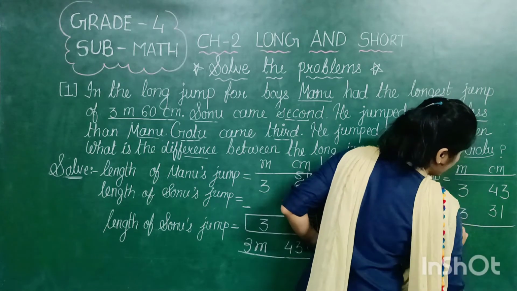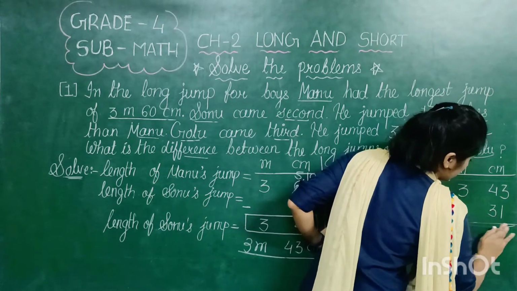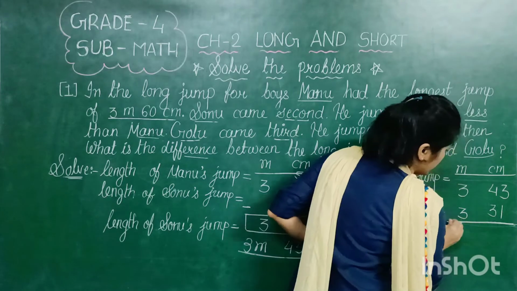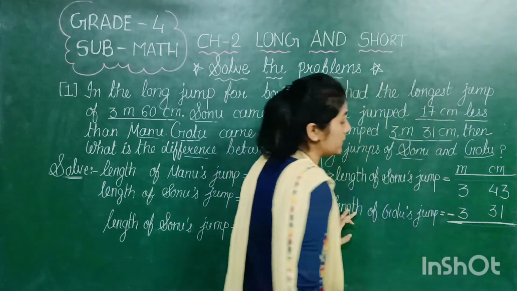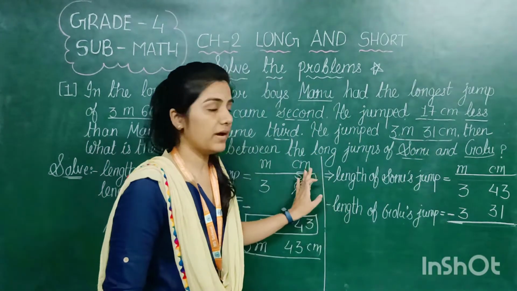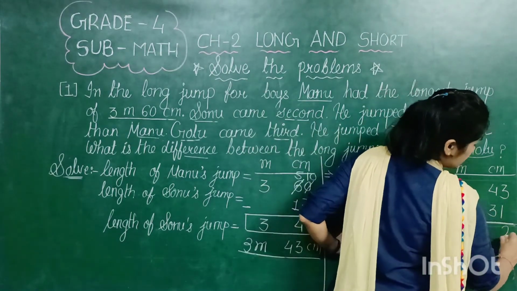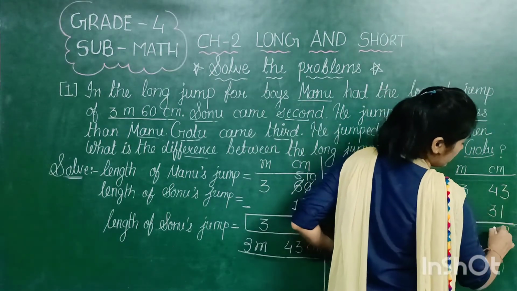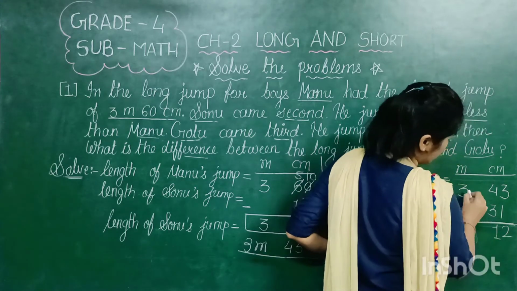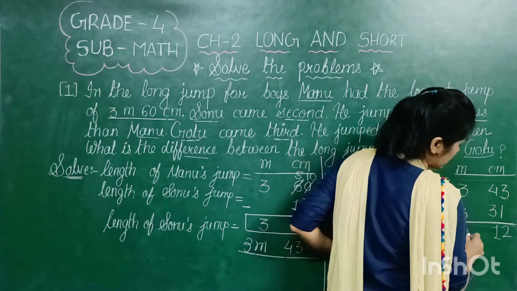We will put the subtraction sign because we are finding the difference. So 3 minus 1 we get 2, 4 minus 3 we get 1, and 3 minus 3 we get 0.